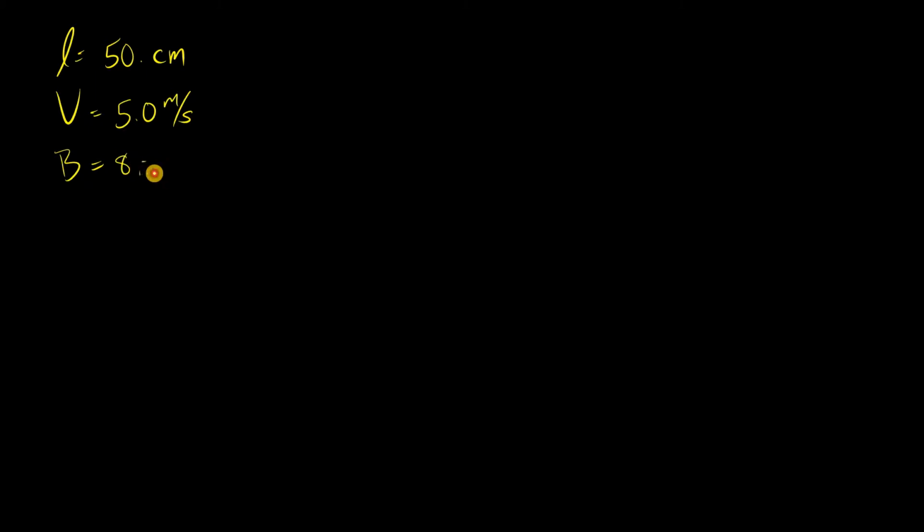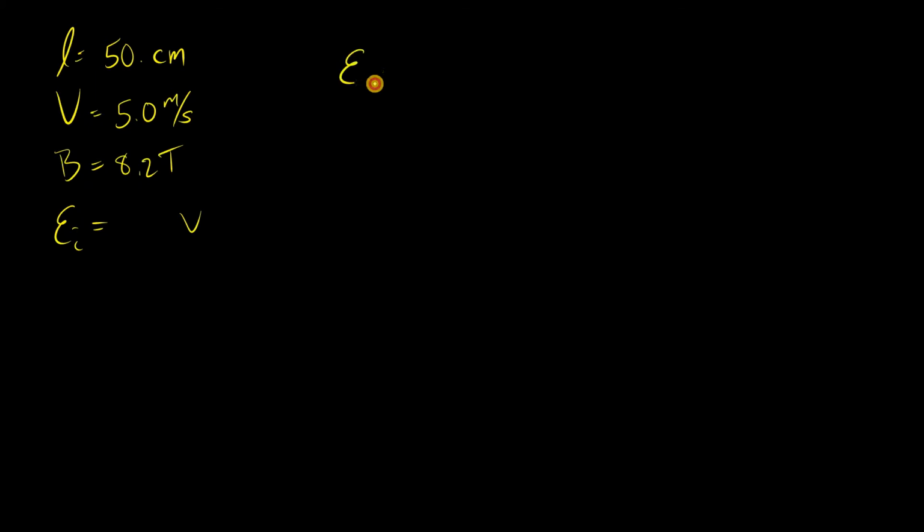It says, if the wire, field, and motion are all mutually perpendicular to each other, what EMF is induced in the wire? So essentially we're looking for the induced EMF of the wire, measured in volts.